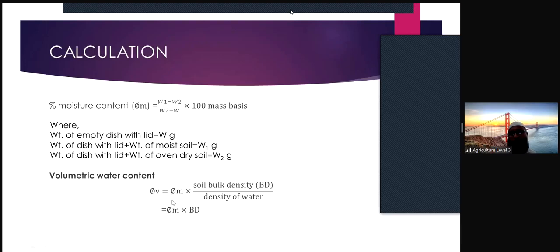If you multiply gravimetric water content by bulk density, you will get volumetric water content. So this is how we can determine the water content in a soil. This is the method, we call it gravimetric method, as we are doing it by determining its weight.